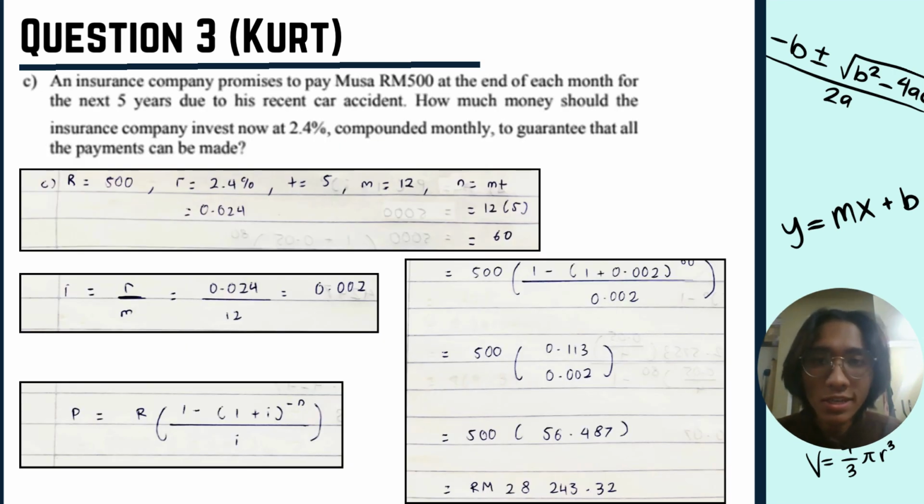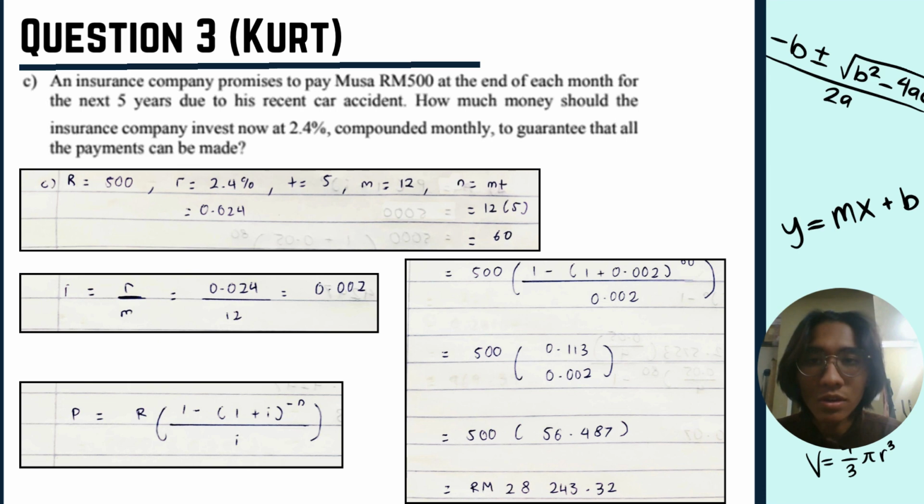Okay, for question C, the question asks how much money the insurance company should invest now at 2.4% compounded monthly to guarantee that all the payments can be made. To solve this, I use the formula P equals R times the bracket 1 minus (1 plus i) to the power negative n, divided by i.